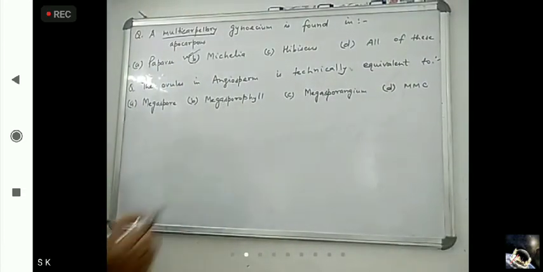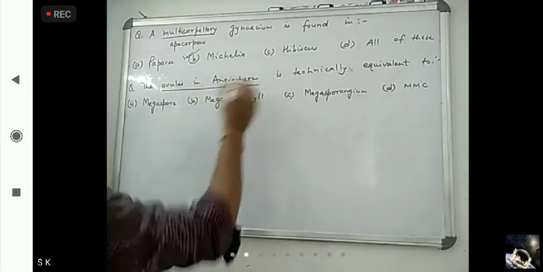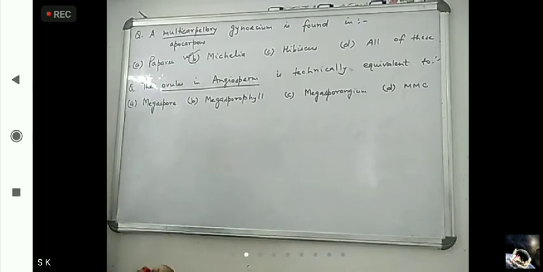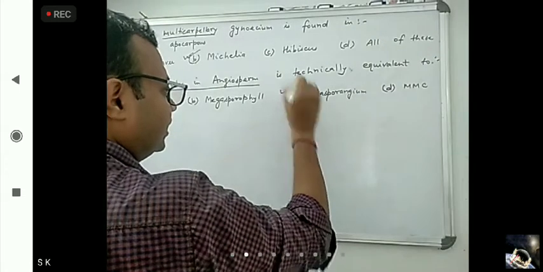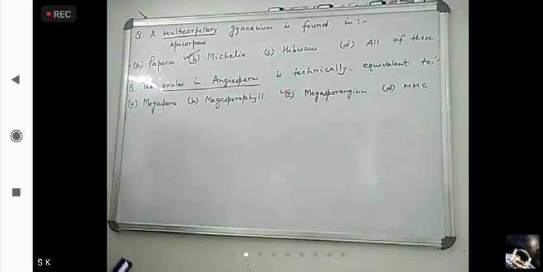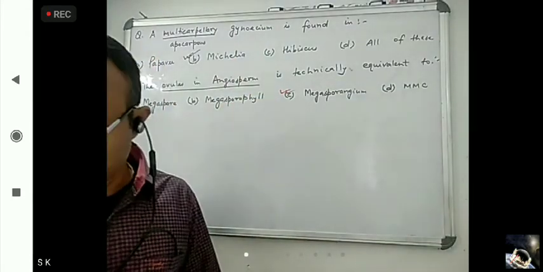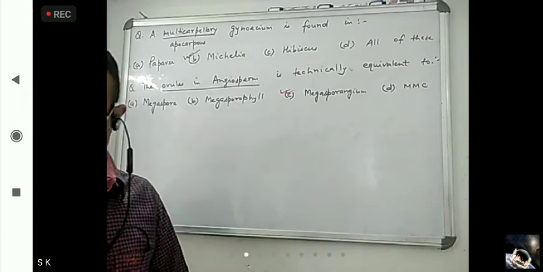So what will be the answer? The ovule in an angiosperm is technically equivalent to what? Right, it is megasporangium.